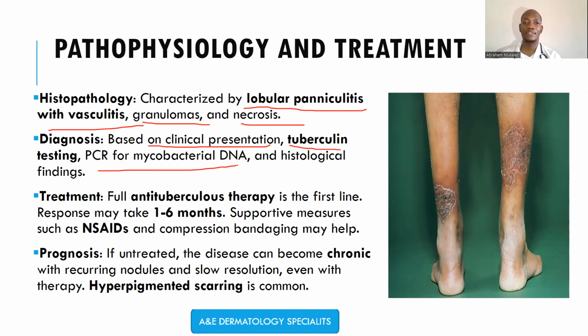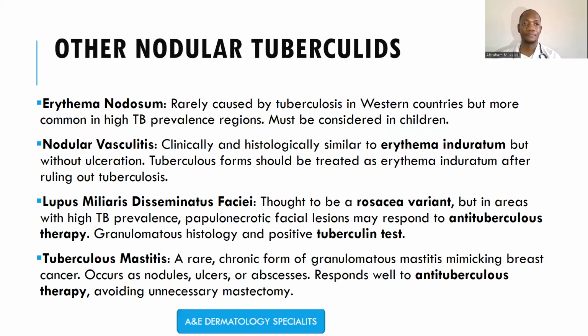You can also do a PCR to look for the DNA of the bacteria, as well as other histological findings. So you combine the clinical, the lab, and the histology. Treatment is still anti-TB medicine, but sometimes you may need to give some NSAIDs and a compression bandage to help with the panniculitis and the pain.